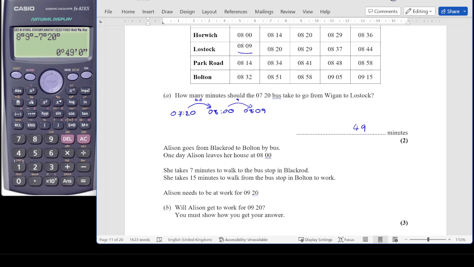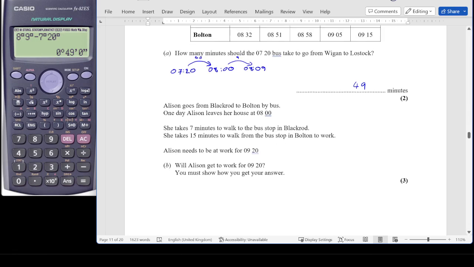So the earliest she could possibly get to the bus stop, if she leaves home at 0800, she would get to the bus stop at 0807.